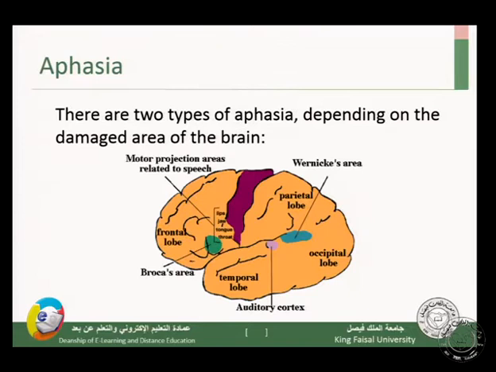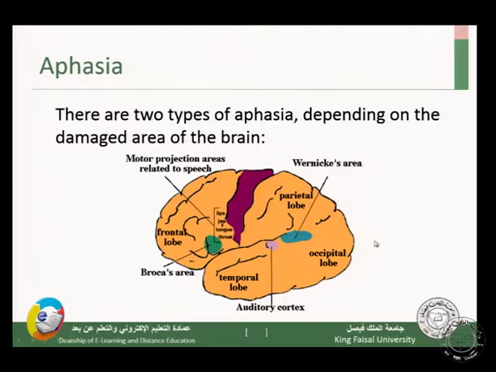Okay, there are two types of aphasia, depending on the damaged area of the brain. What you see in the slide is the left side of the brain. As we have said earlier, there are two sides of the brain, the right and the left.